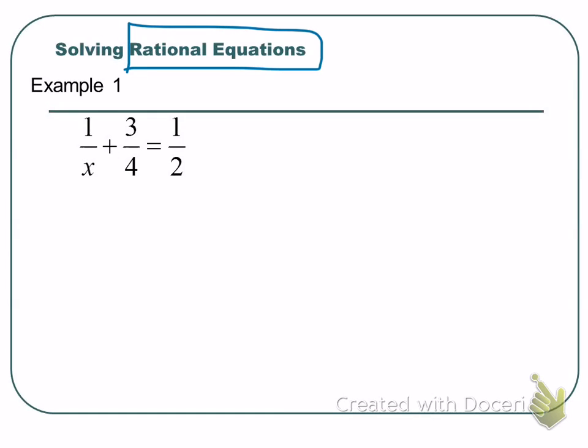It's a true rational equation because it has a variable in the denominator. If an equation has a variable in the denominator, then we're talking about an equation that is a rational equation.